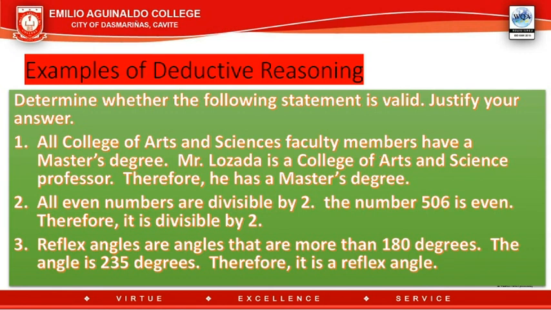So that is also a fact. The angle is 235 degrees, therefore it is a reflex angle. So that is also correct since 235 degrees is greater than 180 degrees. Okay, so these 3 statements are valid under deductive reasoning.